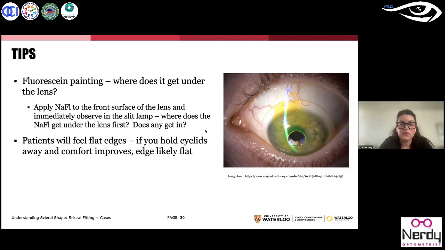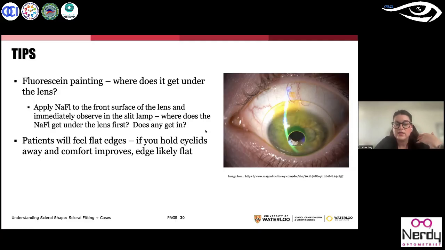So this painting of the fluorescein, I do that every time. The students know when they're working with me in clinic, they don't put on the fluorescein without me, because I want to see what's happening when we put it on immediately. Where is that seeping underneath the lens? And then just basic things, like patients will always feel flat edges. So I'll sometimes just take the upper eyelid out of the way and see if that fixes their symptoms.